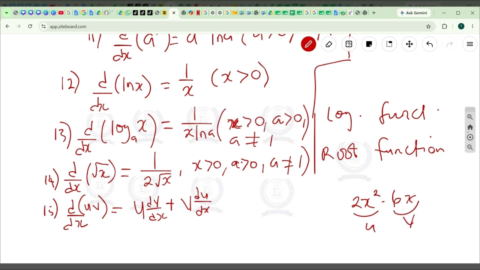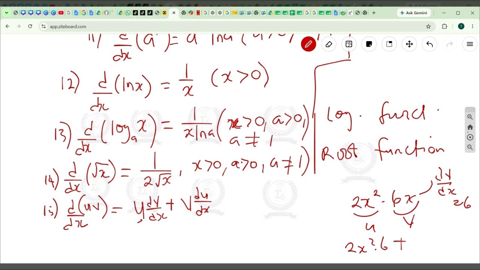So 2x squared, that's u. Differentiate the v with respect to x, what I have is 6. So this is going to be 2x squared multiplied by 6 plus v. What's our v? 6x. What's our du over dx?